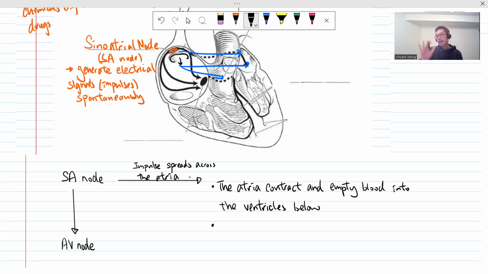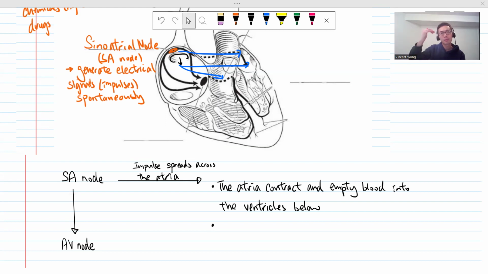Now, in order for the blood to go from the atria to the ventricles, which two valves in the heart need to be opened? The pulmonary and aortic.